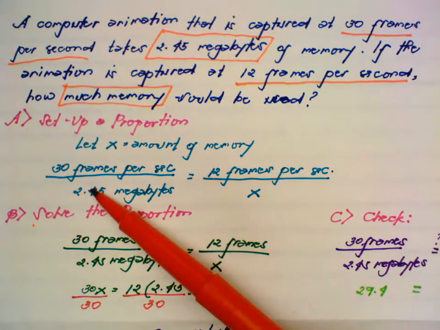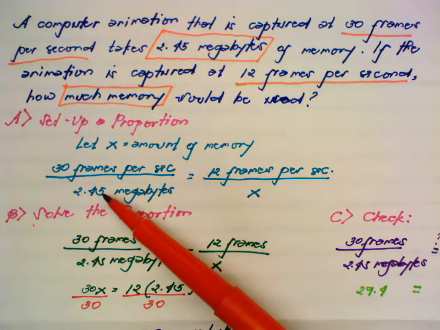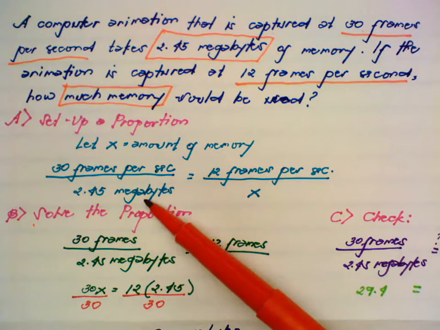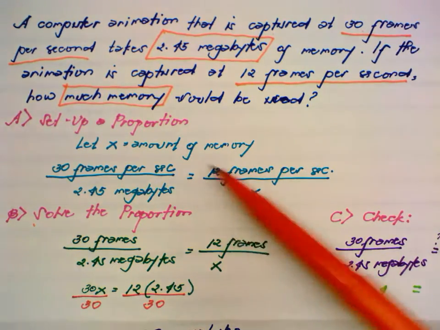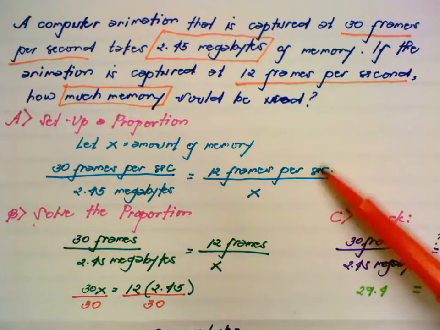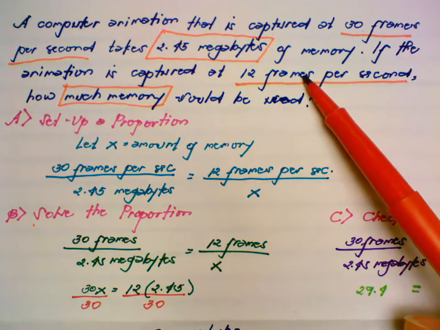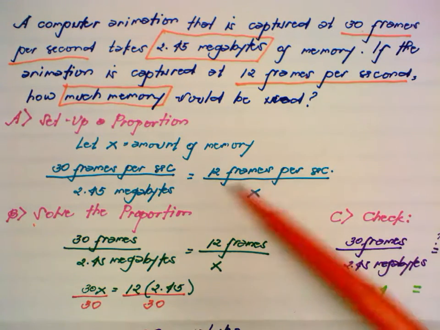So 30 frames per second takes 2.45 megabytes. That's our first ratio. It equals 12 frames per second from the second information over X, the unknown, which is what we're looking for.